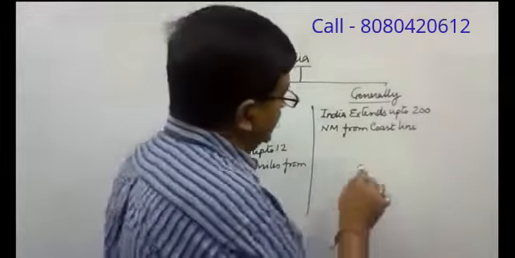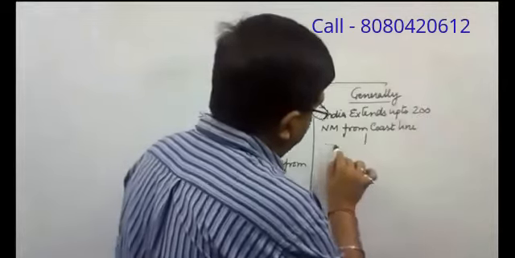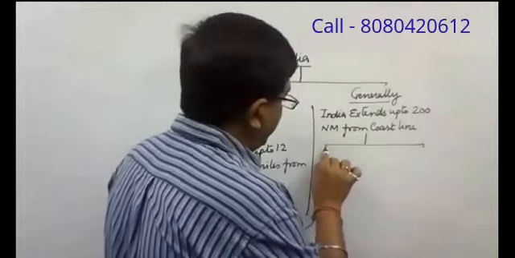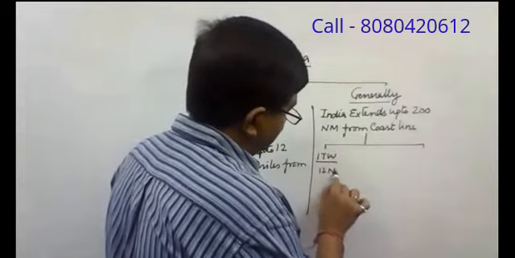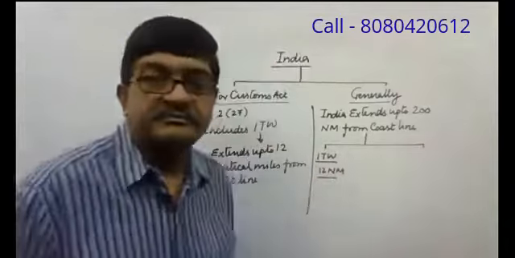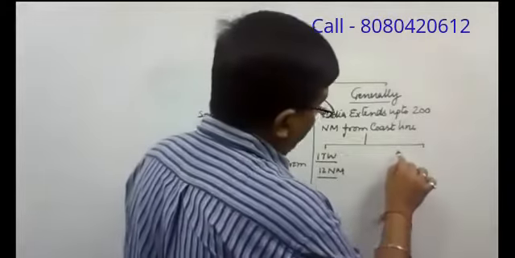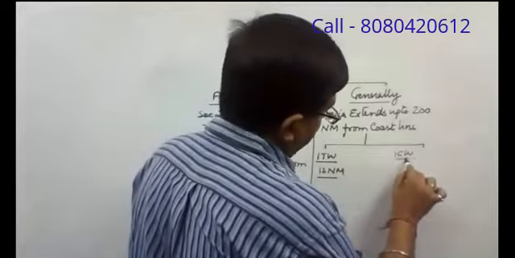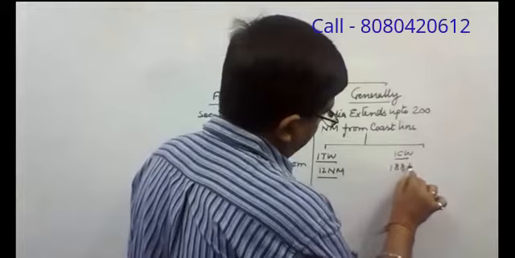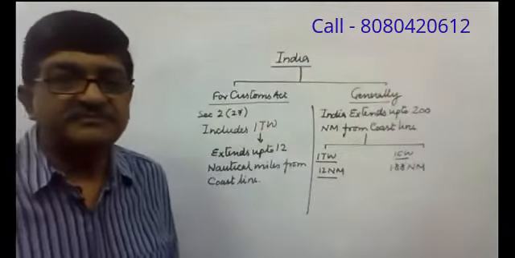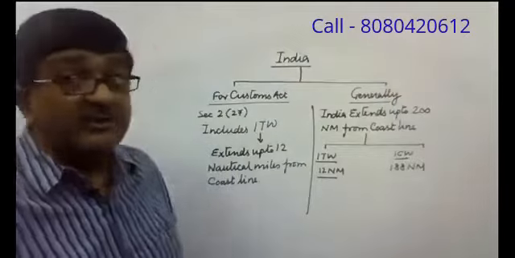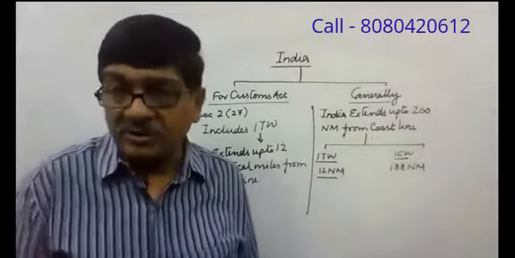So 200, this is automatically in two parts: Indian territorial waters, that is 12 nautical miles, and then the remaining, that is called Indian custom waters, that is 188 nautical miles. Right.